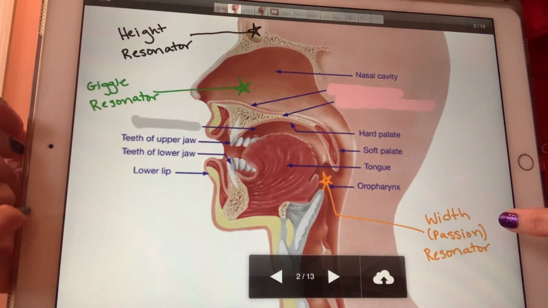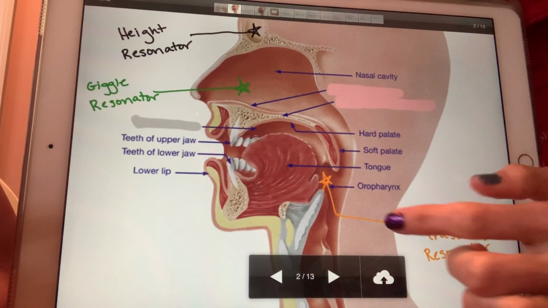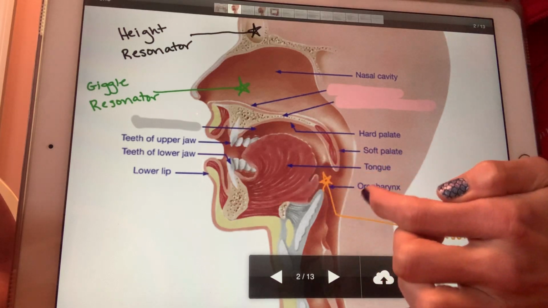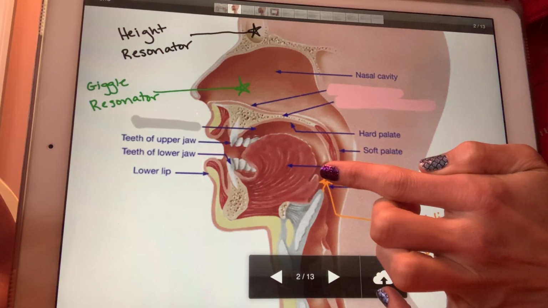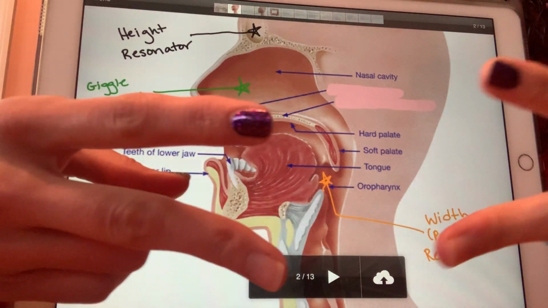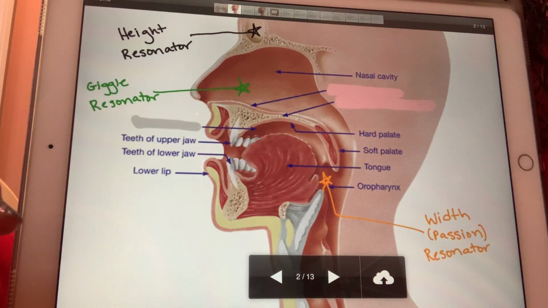Then secondly, we have the passion or the width resonator. That's right here. You can kind of see that space right here, also an open space. We think about this as widening the width resonator. We use these cues kind of at the base of our neck right here.